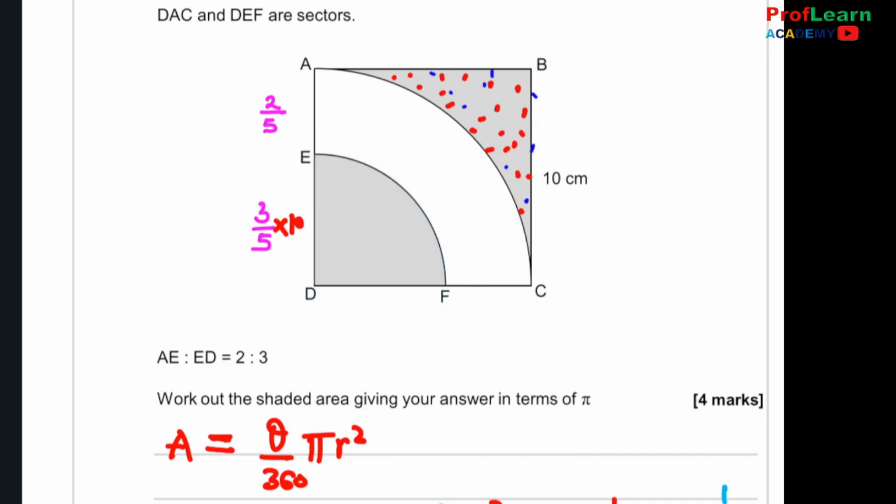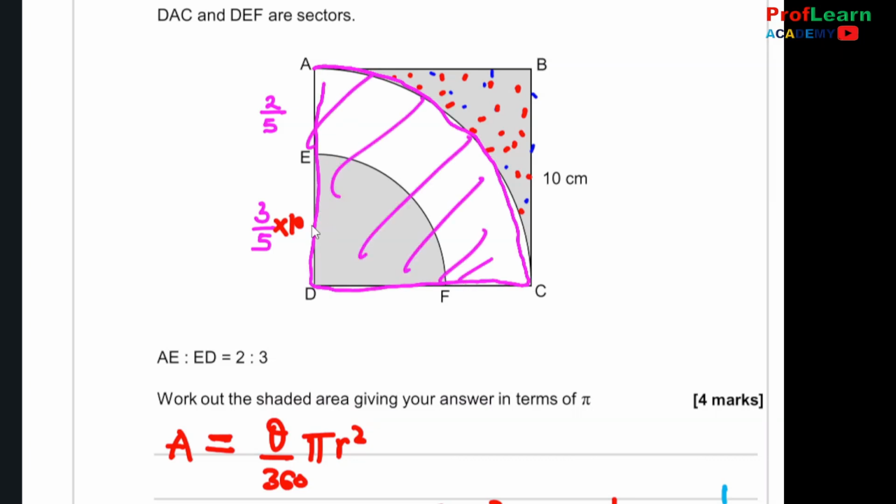Now, in order to work out this, I'm going to use the method whereby we shall work out the area of this sector, and work out the area of this sector here. Once I have the area of this sector, and then work out the area of the square, of course, area of the square is going to be 10 times 10, which is going to be 100 centimeters square.